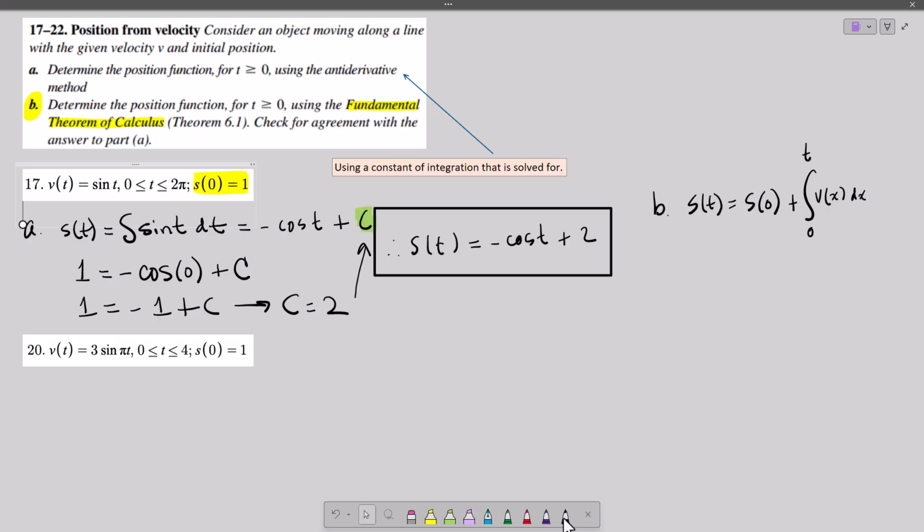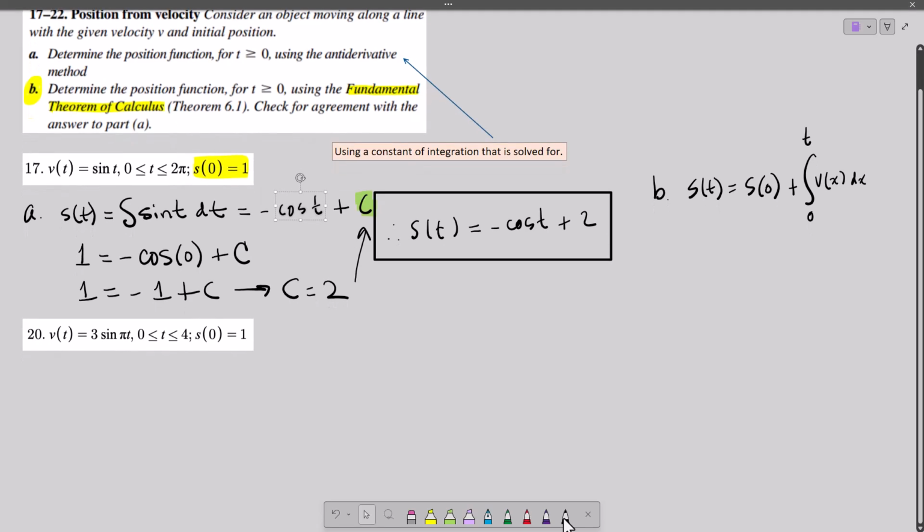This is a variable because it persists. It's not a dummy variable, right? With a definite integral, if you have numbers, then that's a dummy variable. Or if you have number and a letter, it's still a dummy variable. So we use x here. So S of 0 is given to be 1.